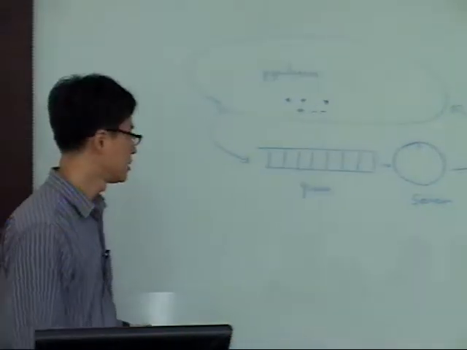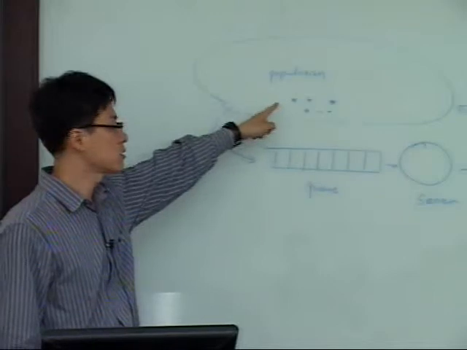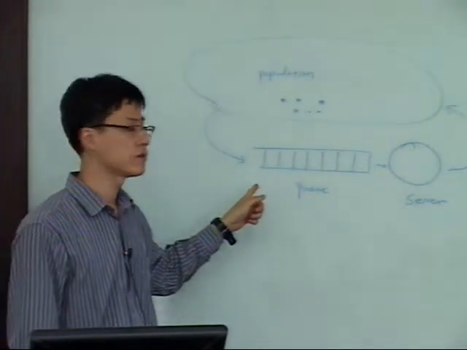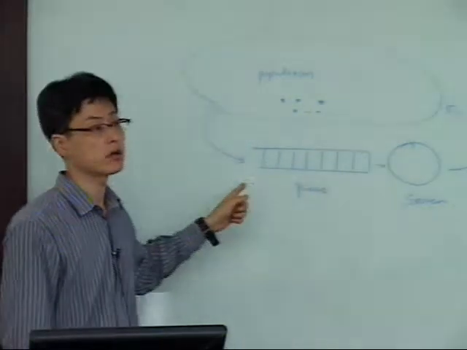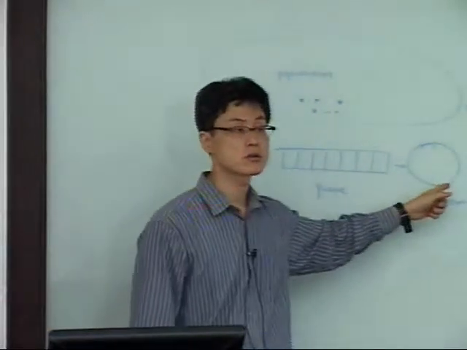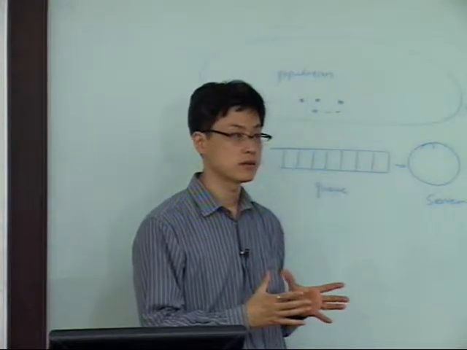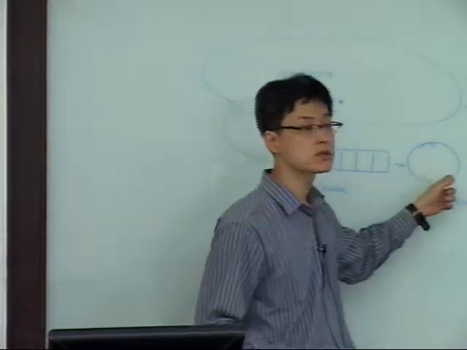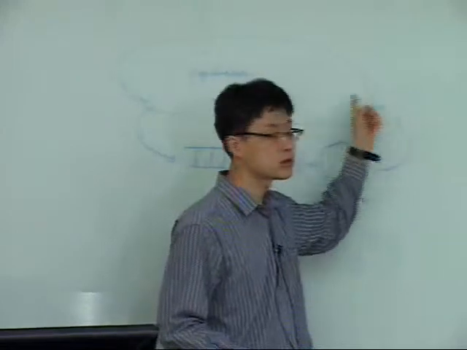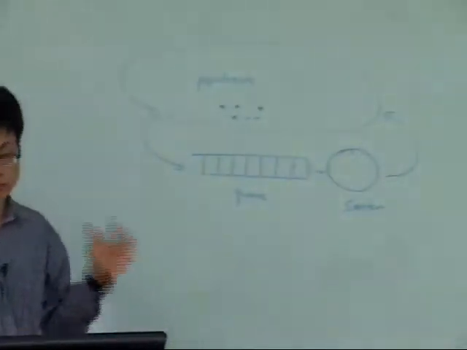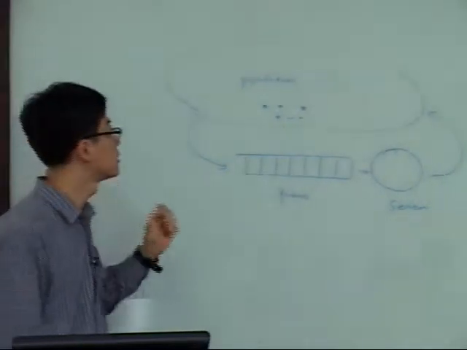Okay? So a customer arrives into the waiting line. If nobody's in the waiting line, then they go directly to the server and are served. And once service is done, they go back to the original population. That's how it works.